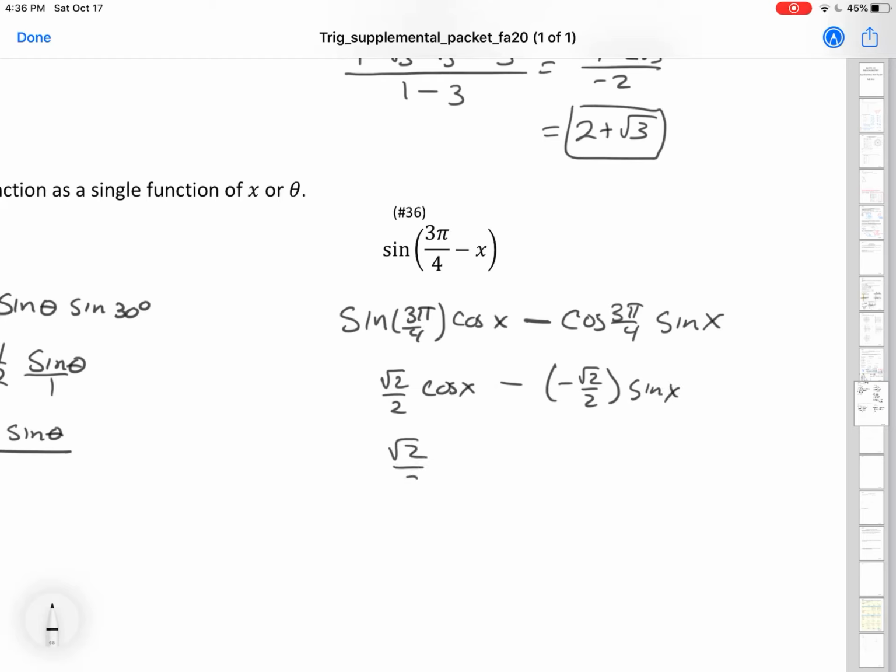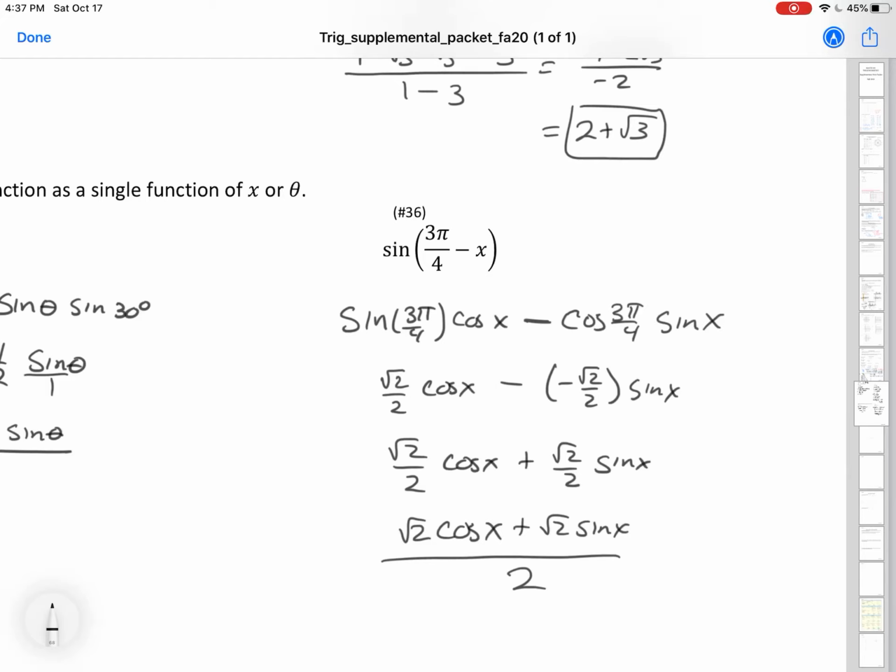So I got root 2 over 2 cosine x plus root 2 over 2 sine x. They are consistently writing it as a single fraction. So get in the habit of doing that. All over 2. That's it. That's what we're dealing with in order to get to the answers there.